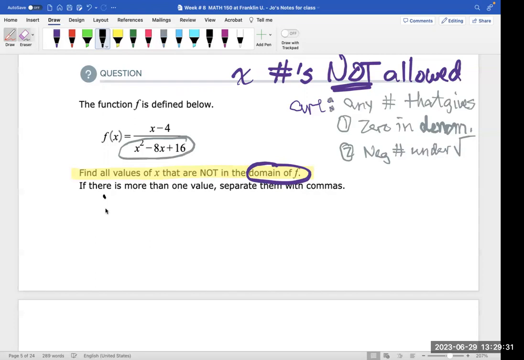So what you're going to do is let the denominator equal 0 and solve. Those are the numbers that are not allowed in the domain.